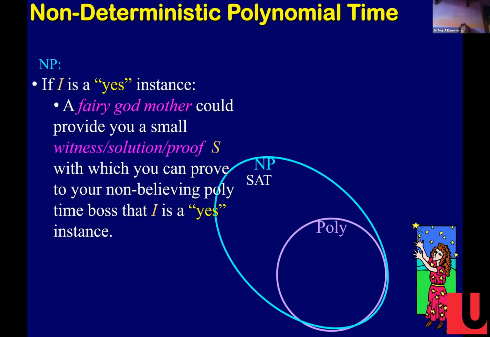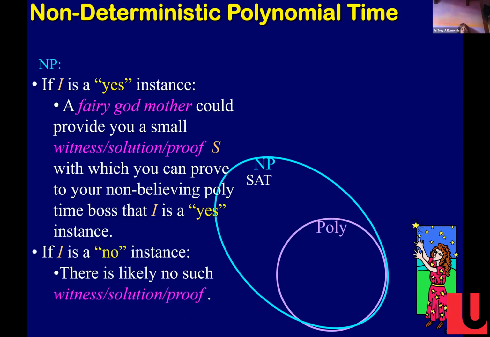And you take this solution back to your boss, and your boss doesn't need to know how you came up with the solution. He can check that yes, the solution verifies the yes instance, right? If your fairy godmother gives you a satisfying assignment to a circuit, then your boss can check that yes, the assignment satisfies the circuit, right? But the dark side is if your boss gives you an instance that's a no instance, then even if you have a fairy godmother, there's nothing she can give you to convince you that it's not satisfiable. There's no way she can help you.